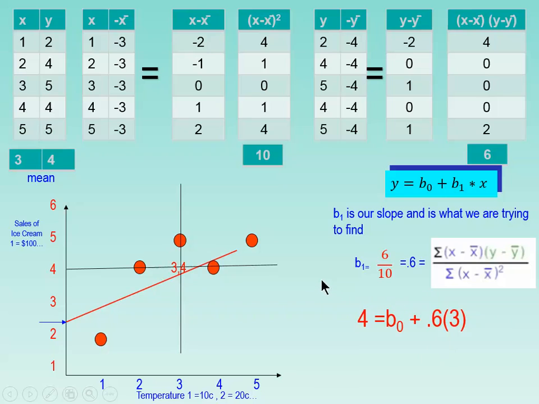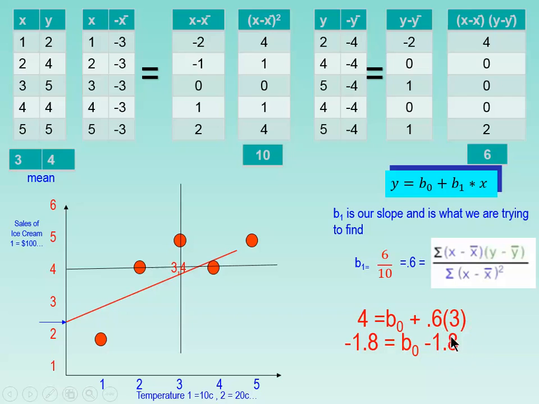All right. So now all we have to do to find b0 is just some plain old algebra. Of course, 0.6 times 3 is 1.8.